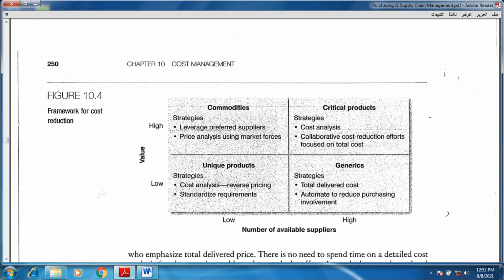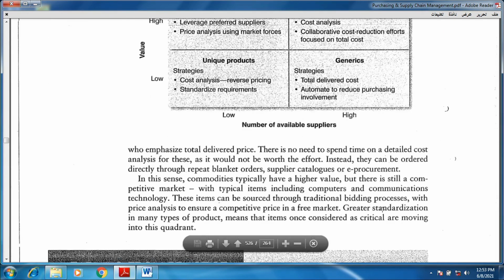Usually, the items or the commodities that have strategic importance for the organization, because the value is high and the number of suppliers presenting this commodity is low, so usually we make higher efforts here. And the efforts will be minimized on the other side of the story.